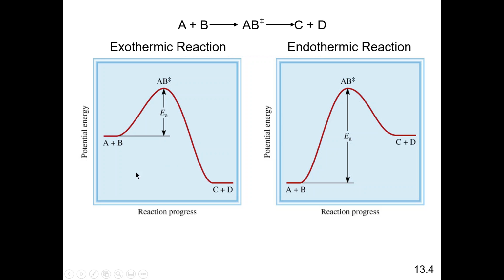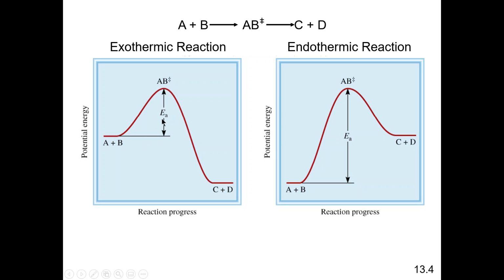You'll notice that in each case, when you start off with the reactants A and B, they need some energy in order to get up to this point here. The same thing is true up to this point here. And therefore you have a combination of those two reactants, which is called the reaction complex. It has a certain amount of energy relative to the reactants that you start off with, which is labeled as EA.